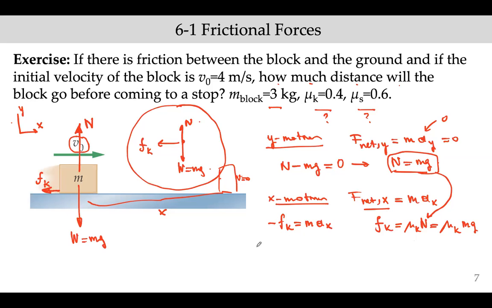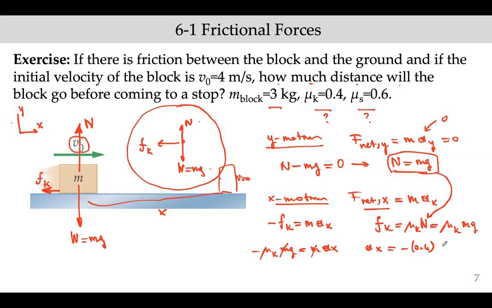Okay, let me write it here. So negative mu k mg equals m times ax. So you can cancel these m's, and from here what you find is ax equals, it's basically negative, what is mu k? Mu k is 0.4.